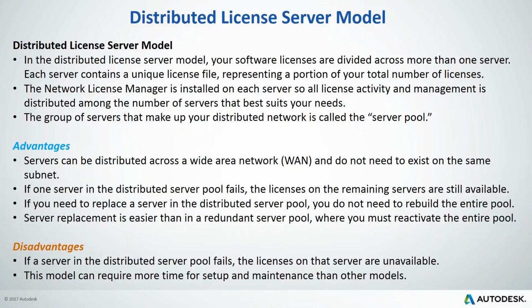If you need to replace a server in the distributed server model, you don't have to rebuild the entire pool, unlike a redundant server model. Server replacement is easier than in redundant server pools, where you must reactivate the entire pool, meaning you have to regenerate your license file again. So that's the difference between distributed and redundant servers.